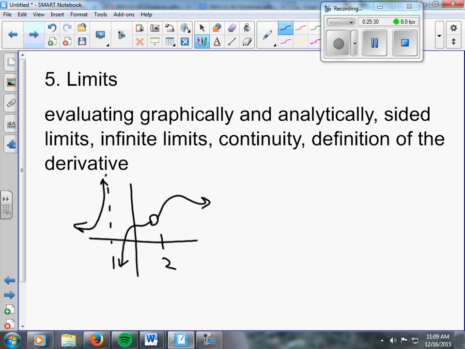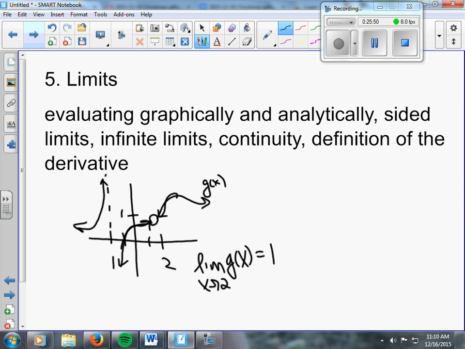So if this is 2, and I have a hole here, this will have a limit. The limit as x approaches 2, I'm going to say this is a graph of g of x, equals 1, because from the left side and from the right side I got to 1.